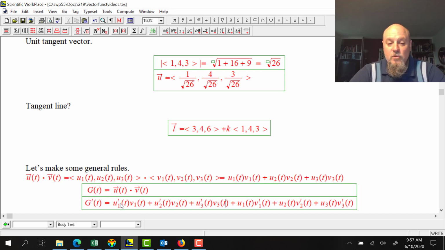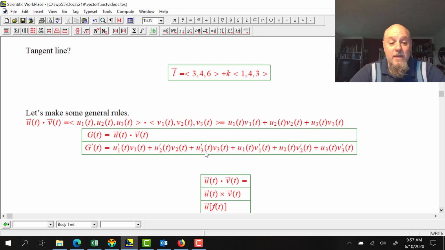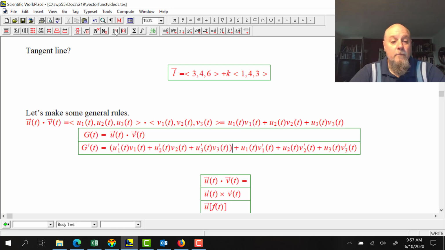Notice that this is u prime, no v prime, u prime, v no prime, u prime, v no prime. And here it's u no prime, v prime. But okay, long story short, where I'm going with this is this piece looks like the u vector primed.